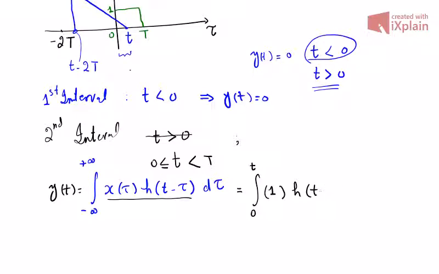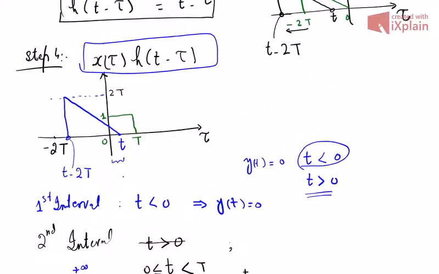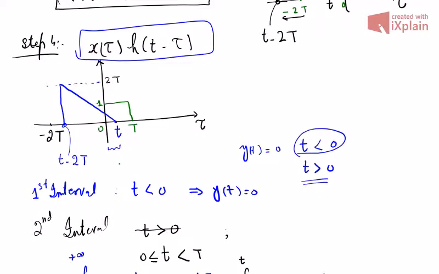Instead of writing h of t minus tau, let's write its equation, because this is what we have to integrate. The equation of h of t minus tau is t minus tau d tau. We have found this equation above.